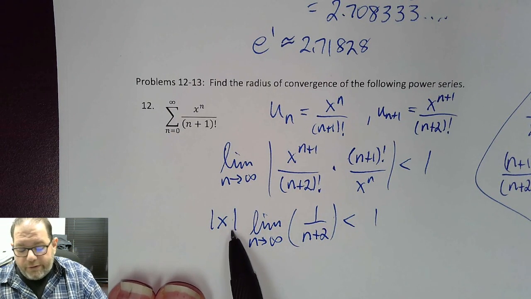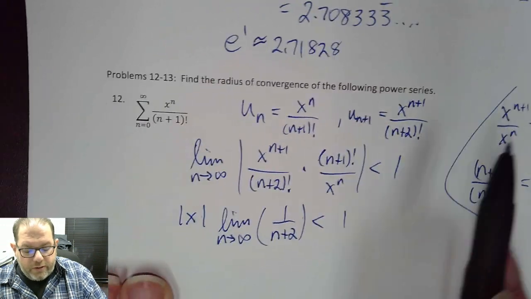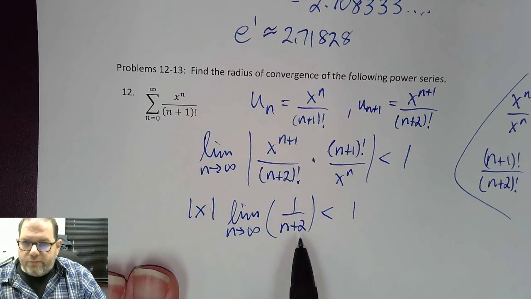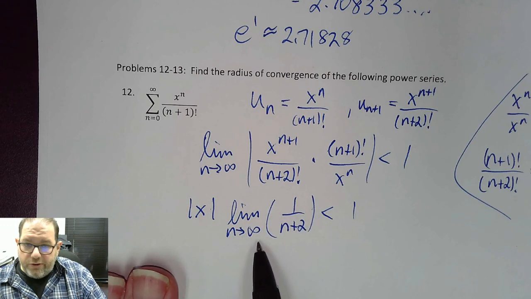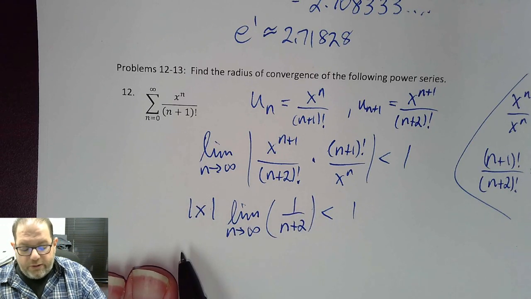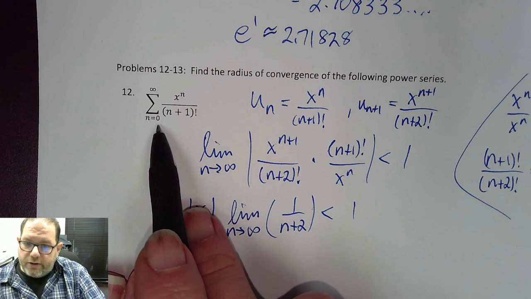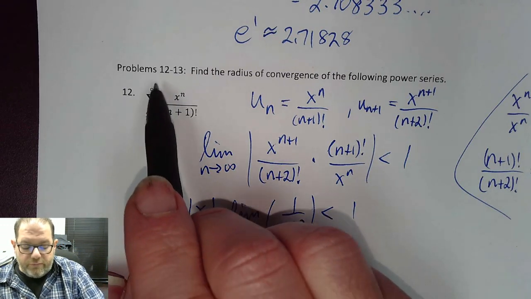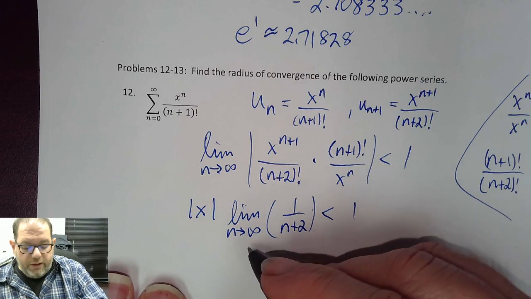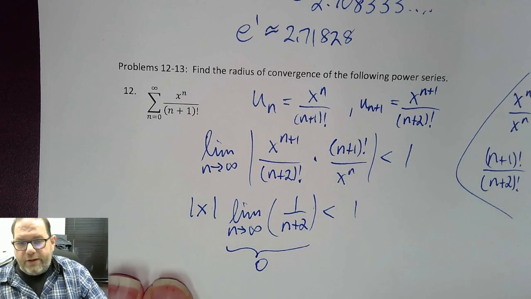Now we can take out the x because, technically, we would put x over n plus 2, but because x is not affected by n going to infinity, we can factor it out. And if we're just talking about n, we don't need to worry about n being positive or negative because we know n is already non-negative, going from 0 to infinity. Now if we let n approach infinity, that turns out to be 0 in this case.